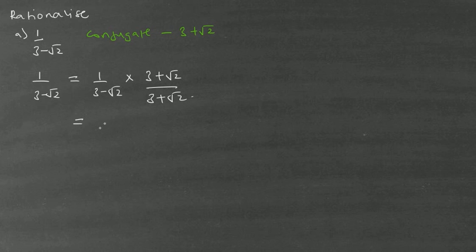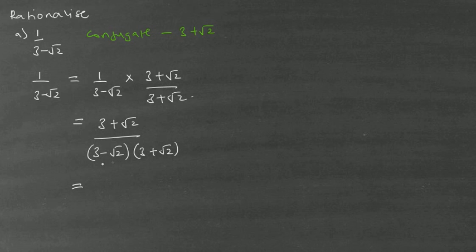So in the numerator we shall have 3 plus root 2, over the denominator, 3 minus root 2 into 3 plus root 2. So we have to simplify it.